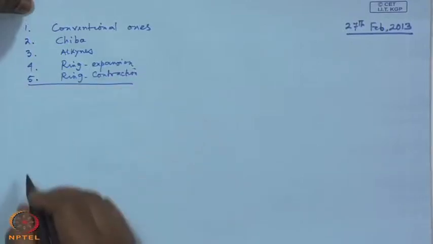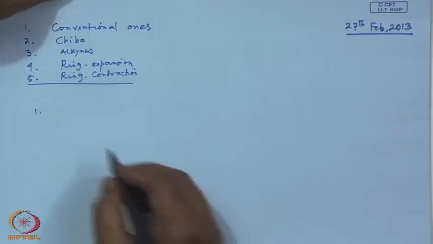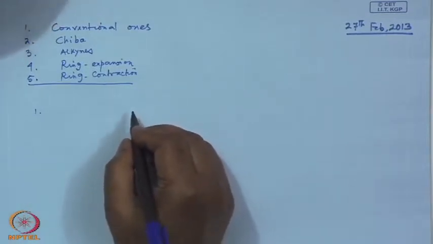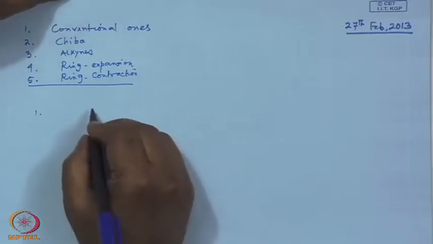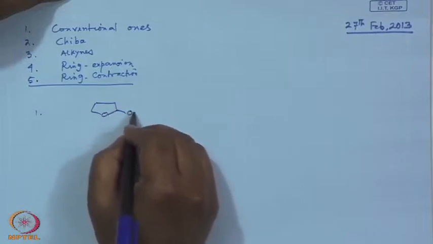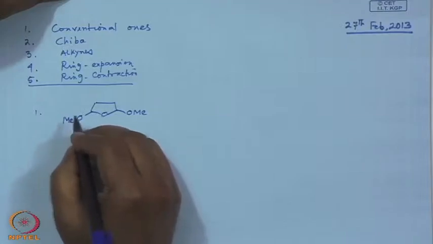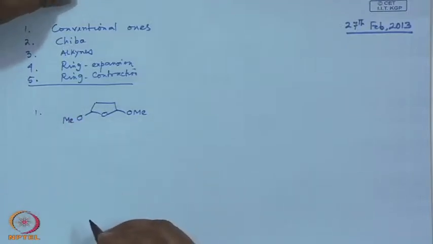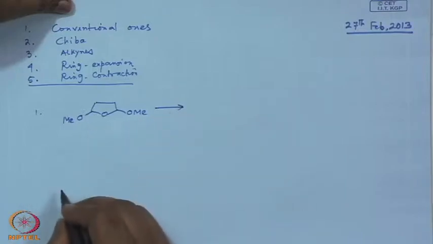strategies. Now, when you talk about the Paal-Knorr, I think many of you know it requires 1,4-diketo compounds, but there are examples where you do not need the 1,4-diketo compound, and the corresponding precursor is good enough. Look at the one I have written here.